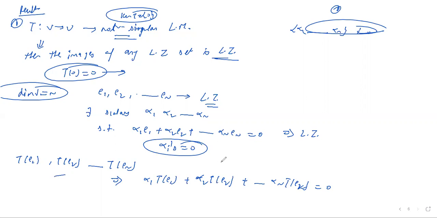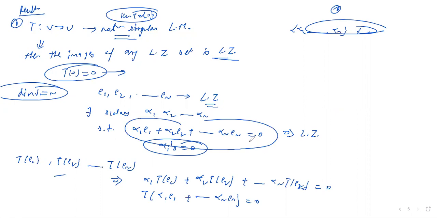I can write it as T of alpha 1 e1 to alpha n en, by the properties of linear transformation, equals 0.